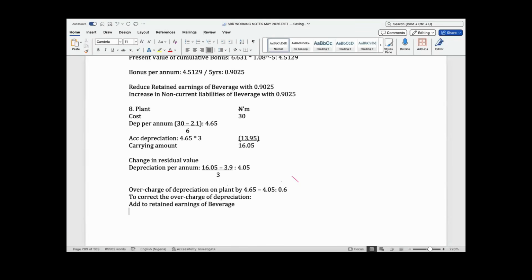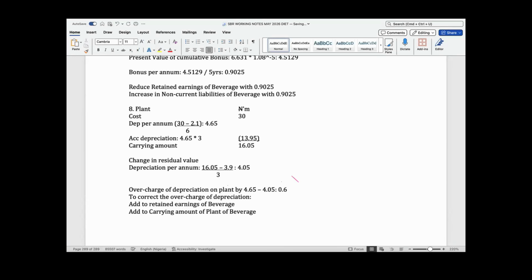And since they will have deducted from plants, I'm going to add back to the carrying amount of plant of beverage.